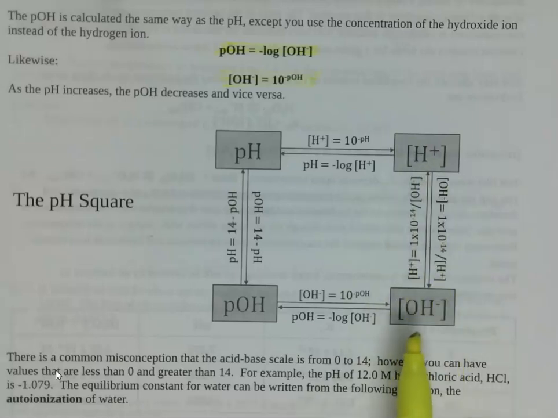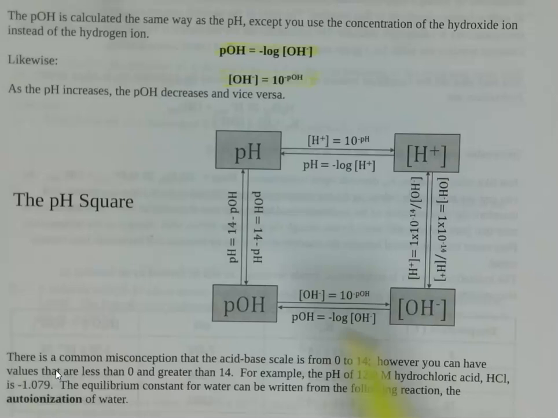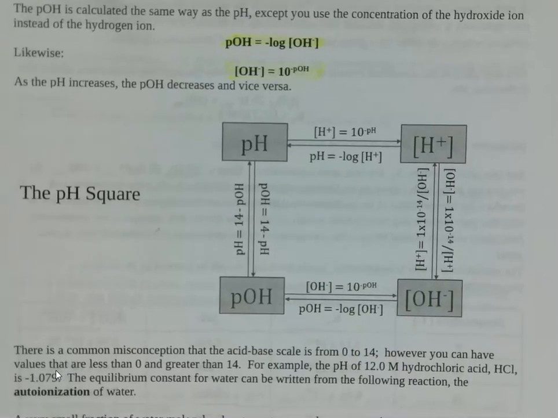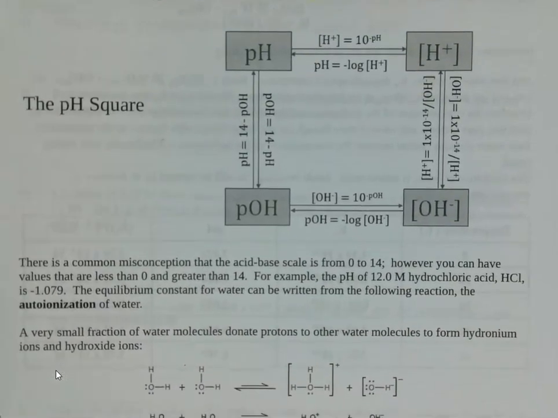So you just follow the arrows around. Of course, you can't jump across, so if you had the concentration of the hydronium ion and you wanted a pOH, you would have to go around the square. You are welcome to use that on your homework, although that will not be given to you on the test, so don't become too comfortable with it.